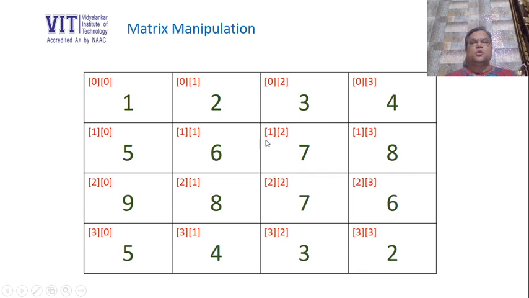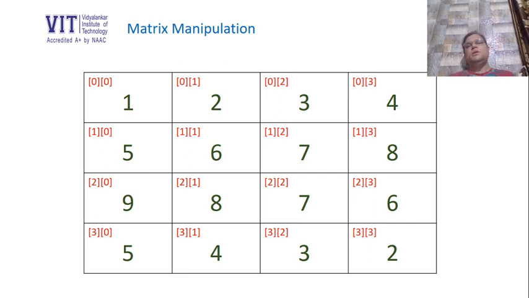Likewise, this is the row index and column index for this element. And I have also assumed the values of the elements, and I am assuming that these values 1 2 3 4 5 6 7 8 9 8 7 6 are entered by the user. So this is how our two-dimensional array will look after initialization from the user.